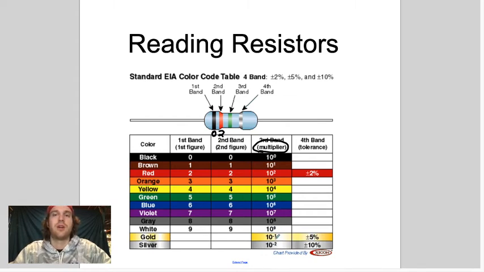Be careful down here, this moves in the opposite direction. But let's do this right now. So this would be 0, 2, and then it's times 10 to the 5th, which means we add 1, 2, 3, 4, 5 zeros. So that is 200,000 ohms.